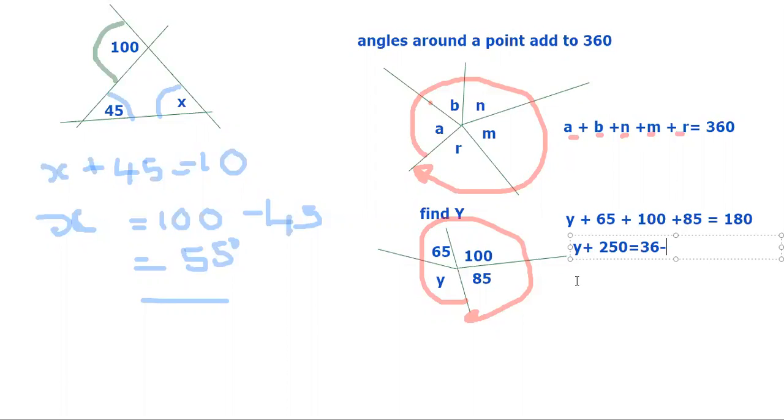Then take 250 to the other side, so Y is equal to 360 minus 250. Even a toddler can tell you that Y is equal to 110, because 110 plus 250 should be 360. And that is it.